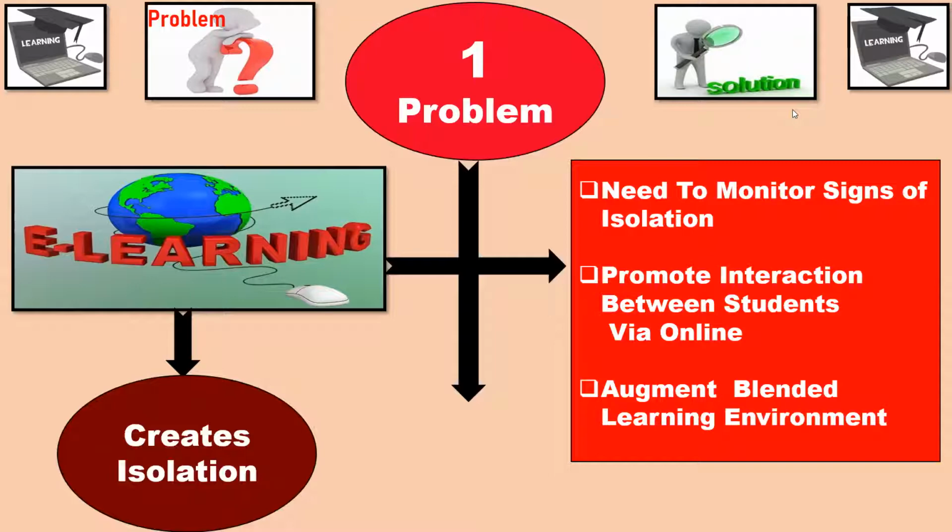That is very important. Next, we should slowly try to implement a blended learning environment. You may be asking how that is possible. We need to divide the students into different groups, because now the lockdown has been lifted, and of course education institutions are asked to remain shut till September 30th, but it doesn't mean that students and faculty should not come to the institution.